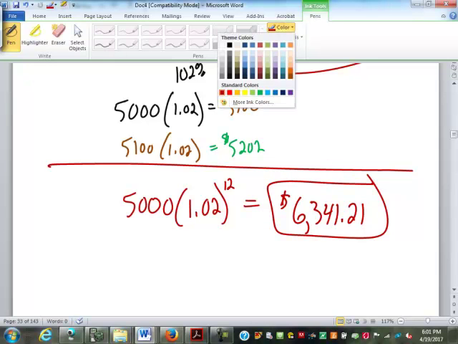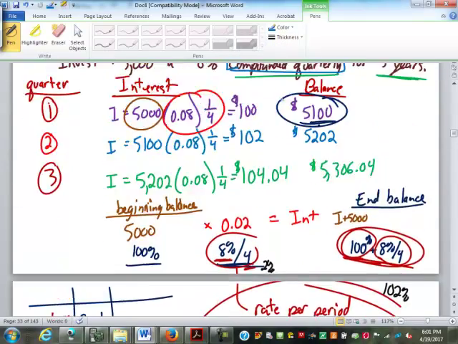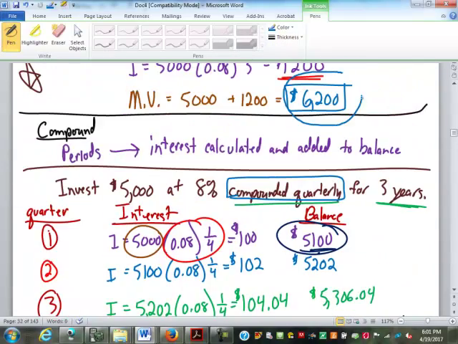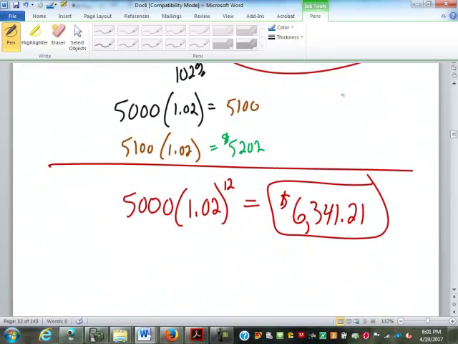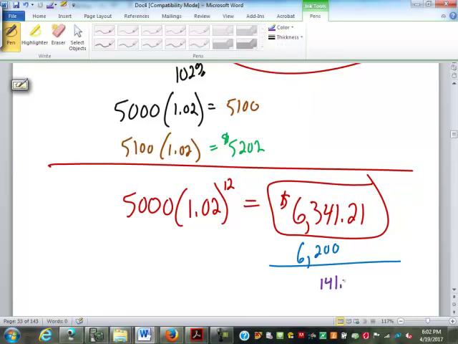Compared to when we did simple interest, what did we have? 6,200. So you can see that by compounding, there's an extra $141.21 in interest.